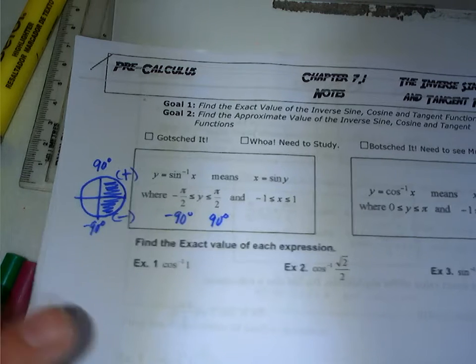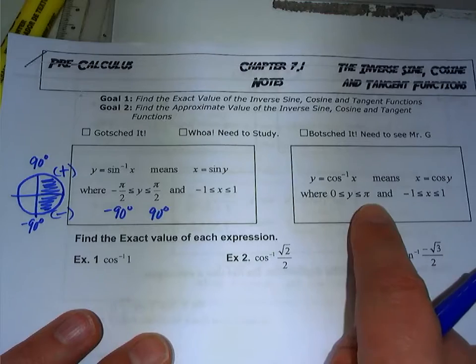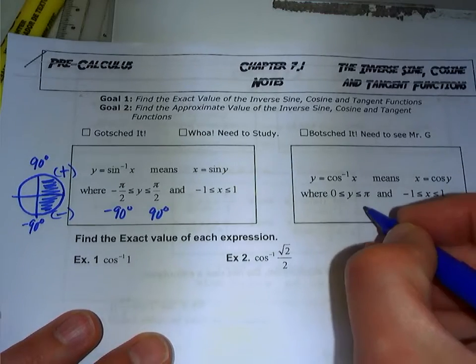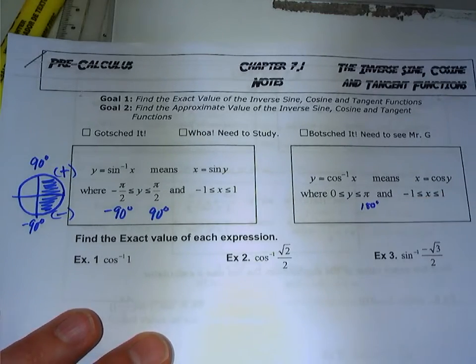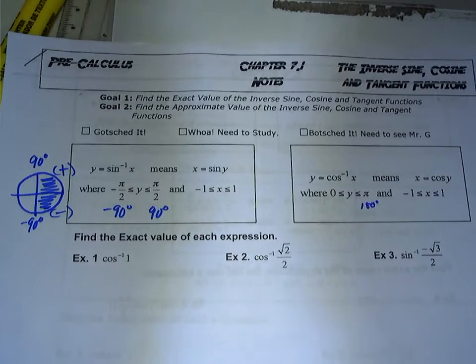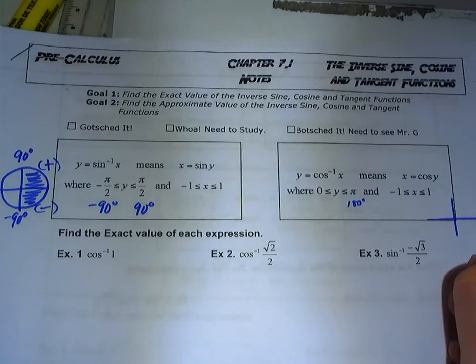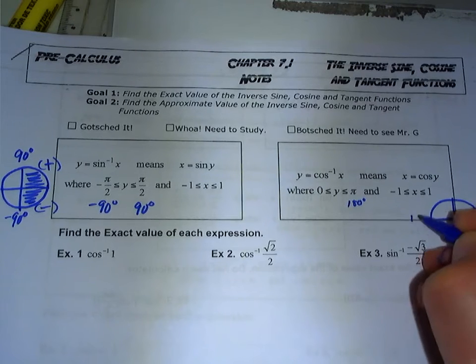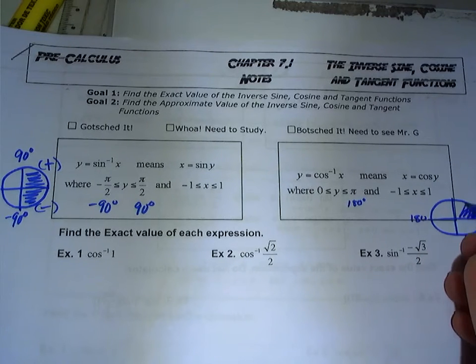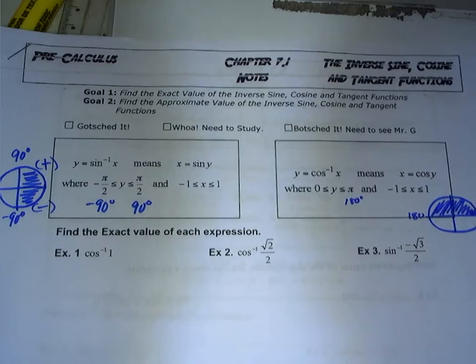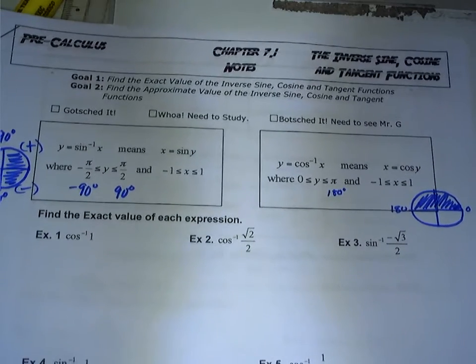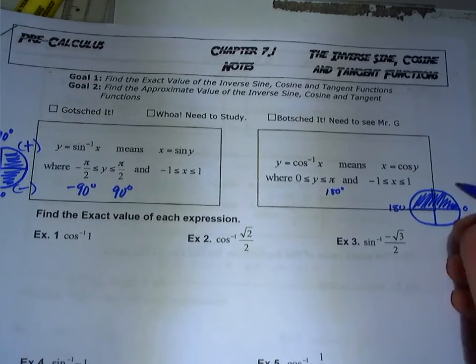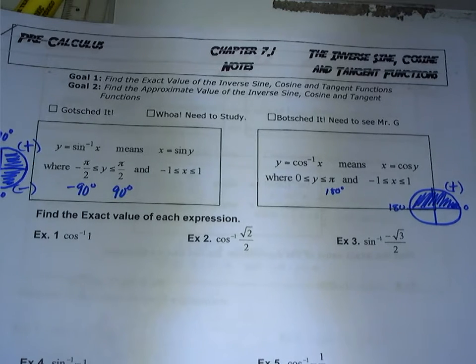When you look at inverse cosine, you'll see that it works from 0 to pi. Again, a reminder, pi is 180. So it goes from 0 to 180. So visually, I always like to draw it out what it's going to look like. You're going to be working from 0 to 180. That's quadrants 1 and 2 we're going to be drawing in. So if it's a positive ratio of sides, 1/2, root 3 over 2, root 2 over 2, you're going to draw that in quadrant 1, just like inverse sine.